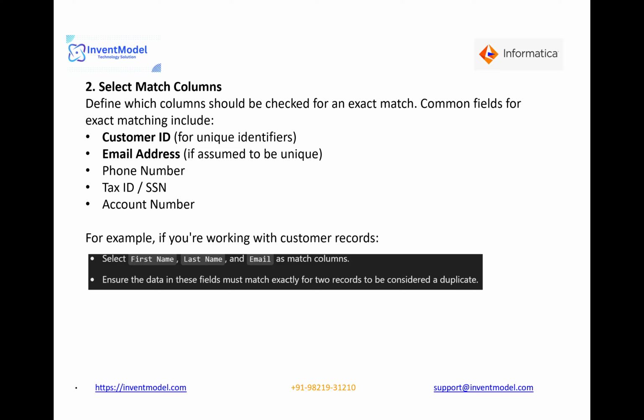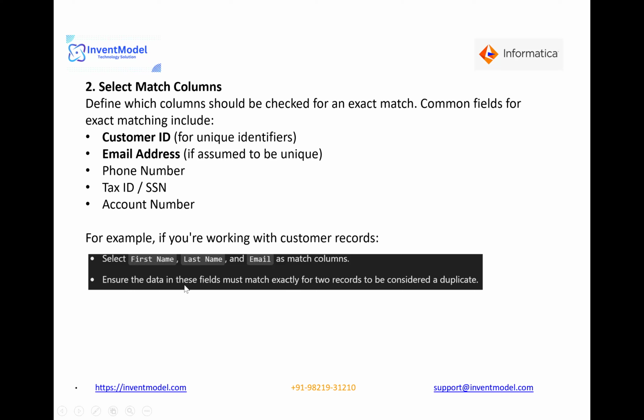The common fields for exact matching can be customer ID for unique identifiers, email address if it has unique records, phone number, tax ID, account number, and so on. For example, if you're working with customer records, you can give first name, last name, and email as the matching columns.